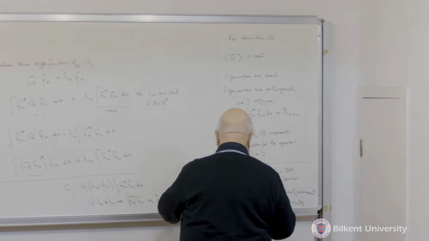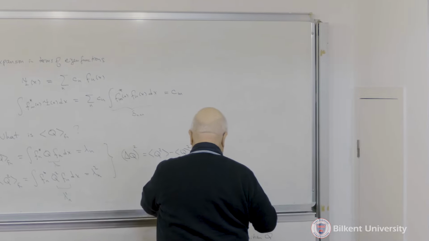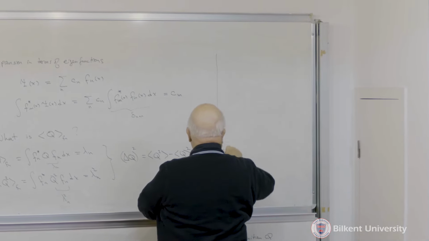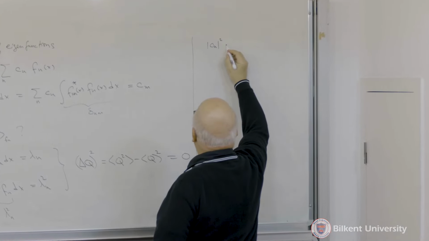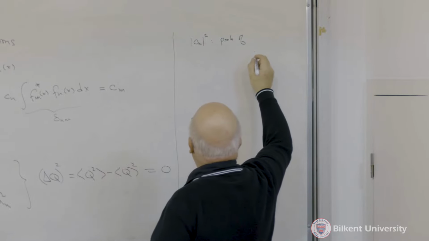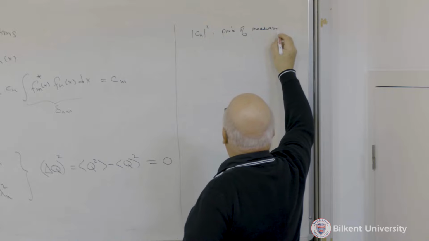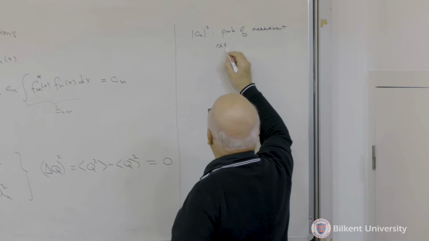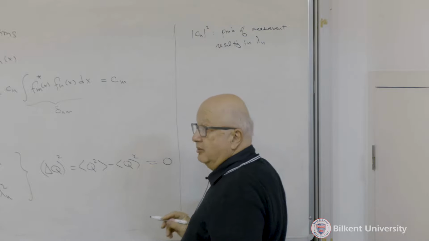Okay, so maybe I'll extend my table over here on the right-hand side to say that Cn magnitude squared is the probability of measurement resulting in lambda n.